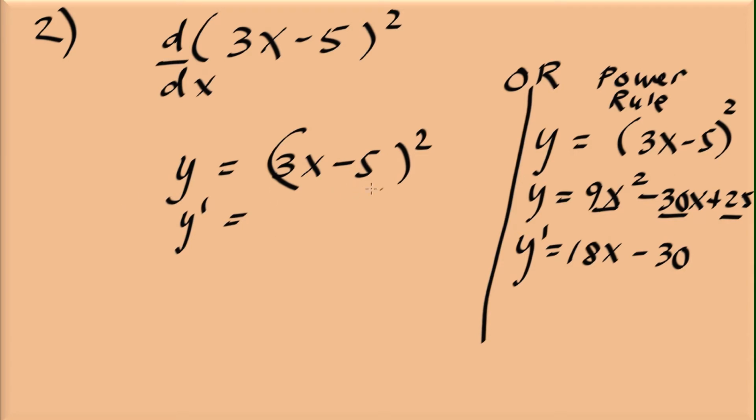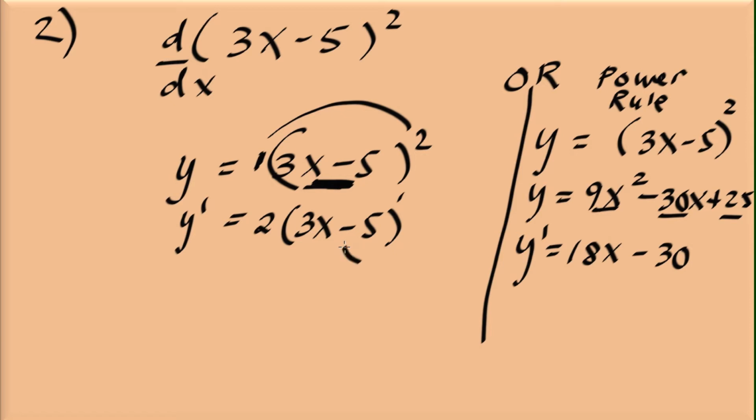Now you don't have to do that if you use the chain rule. If you understand that if the base is not plain x, then you can use the chain rule. So first, it looks like a power rule: 2 times 1, copy that same base, and then raise to that 2 minus 1, which is 1, but you have to multiply it by the derivative of this base, which is 3.